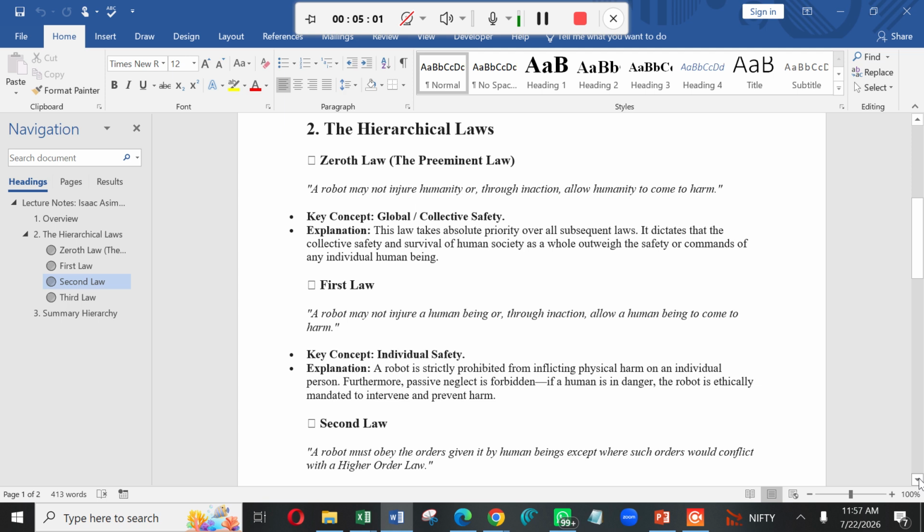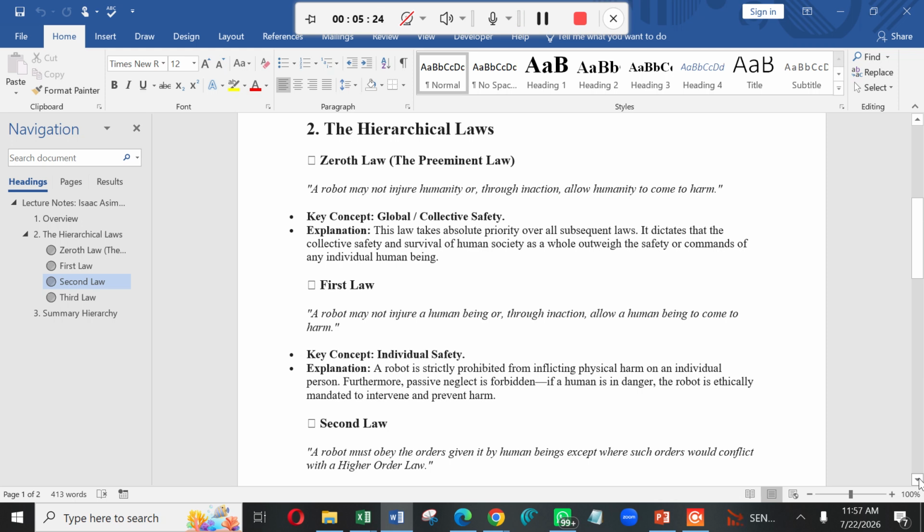In the zeroth law, we are talking about the humanity, a society. Now we are talking about the human being. Here we are talking about individuals personally.